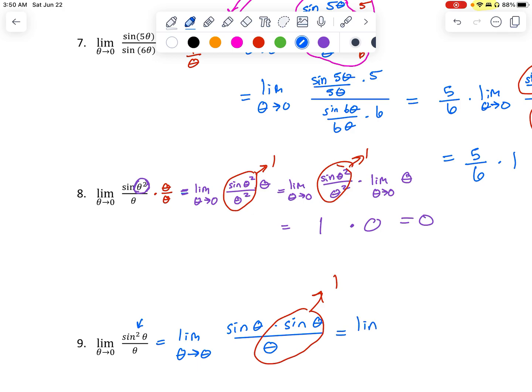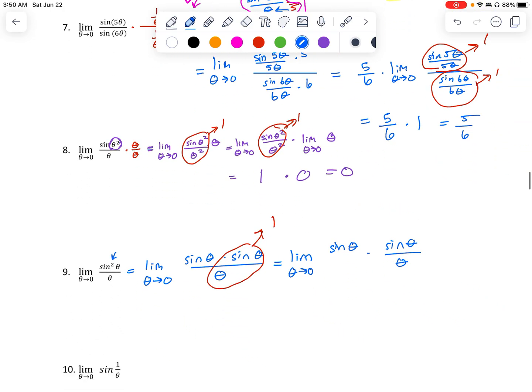I have the limit as theta goes to 0 of sine of theta times sine of theta over theta, and I can separate the limit by product. The limit of the first piece is sine of 0, which is 0. And the limit of the second piece we know is 1. So 0 times 1 is 0.